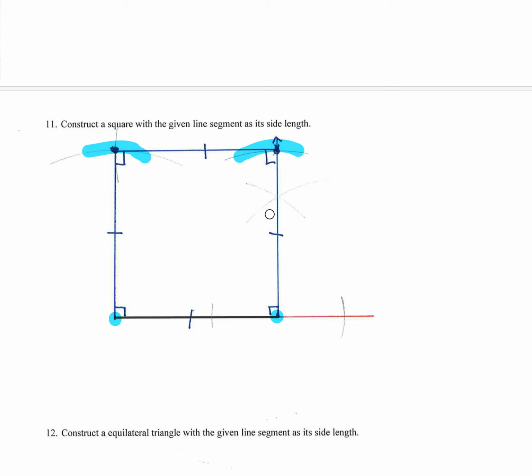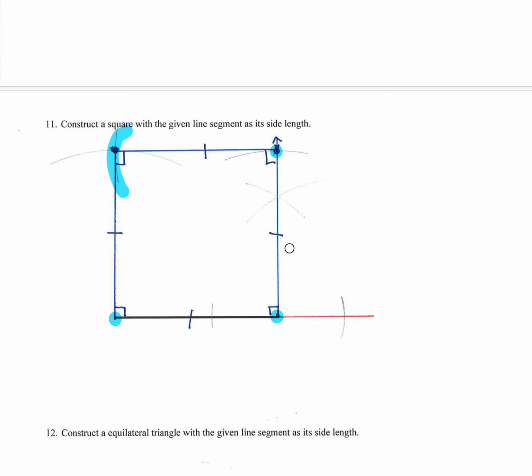And then on that line up there, I can put my pointy end there, and I can come over here and make that mark. Well, if I start here and go that way, that distance, that distance, that distance are all the same distance as that distance. So now I have a square.